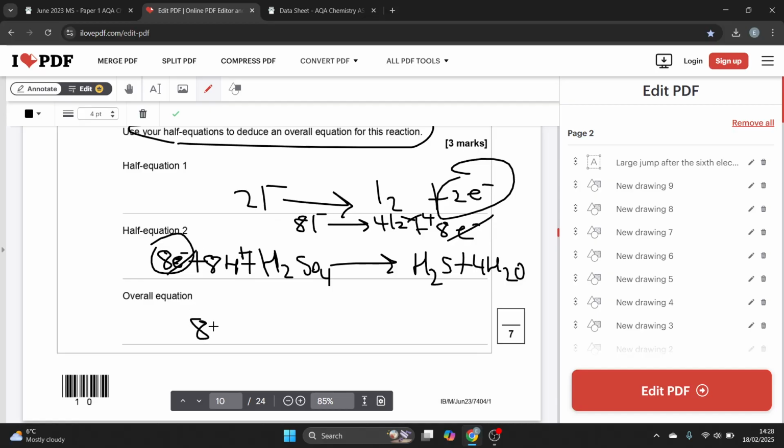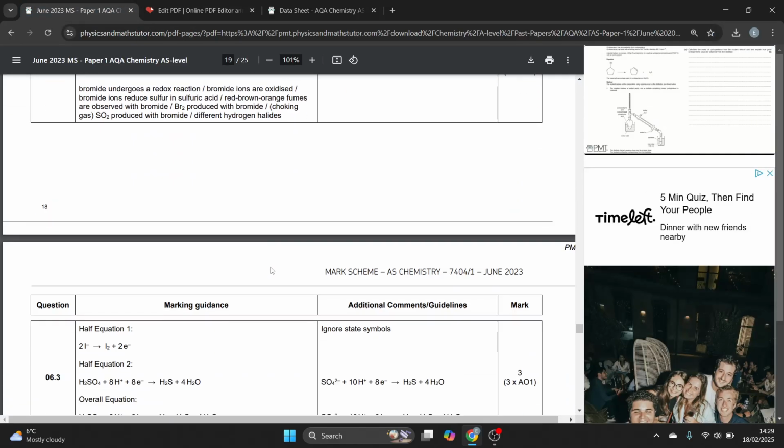And then I've got 8I minus, add the two half equations together, plus 8H plus H2SO4 arrow 4I2 plus H2S plus 4H2O.